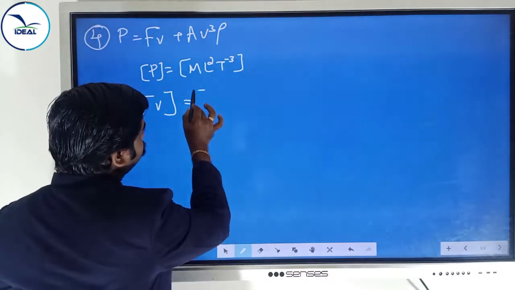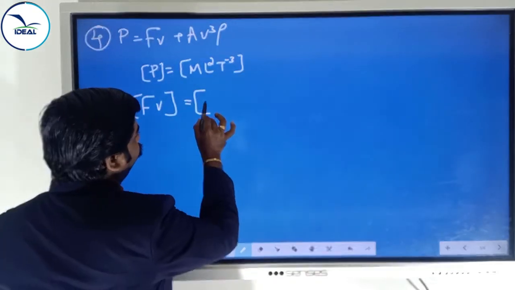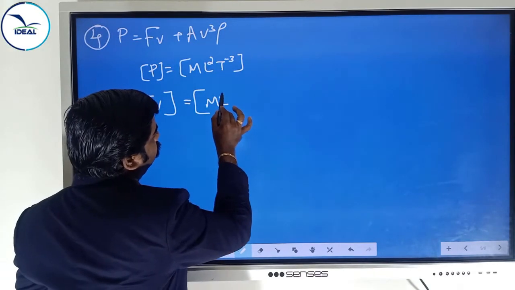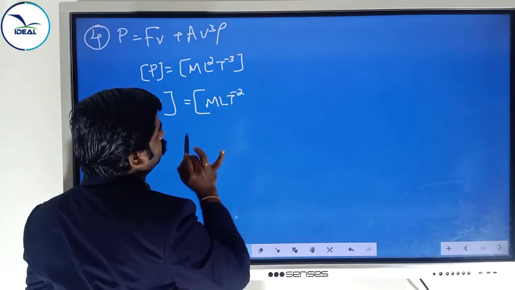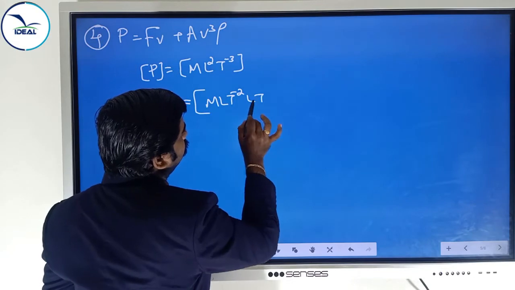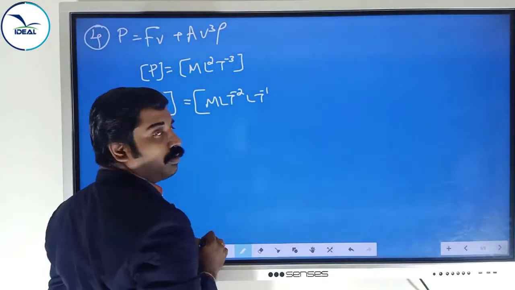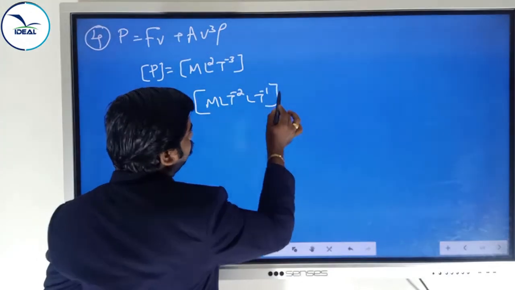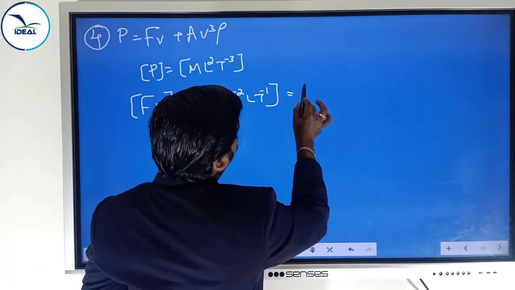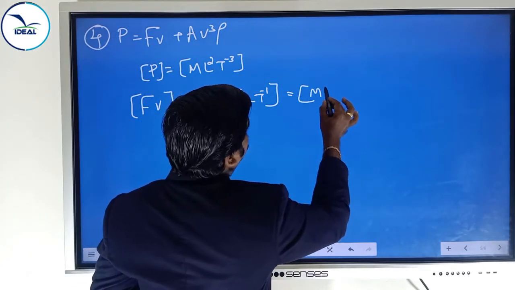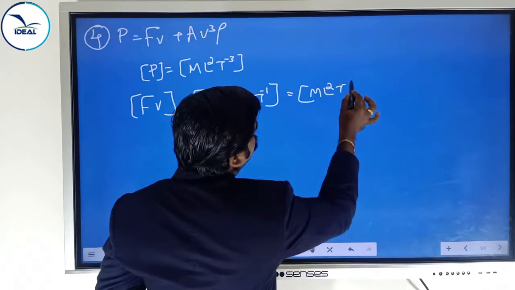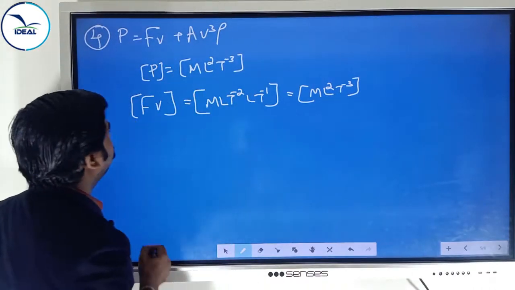The dimension of F is M L T raised to minus 2 and v is L T raised to minus 1. So that's equal to M L square T raised to minus 3.